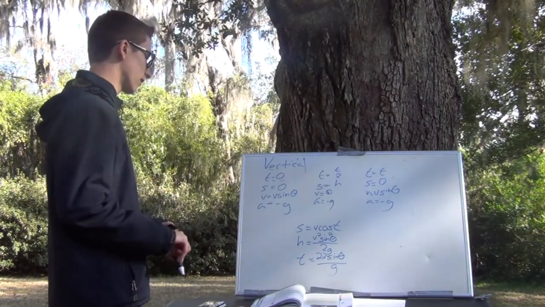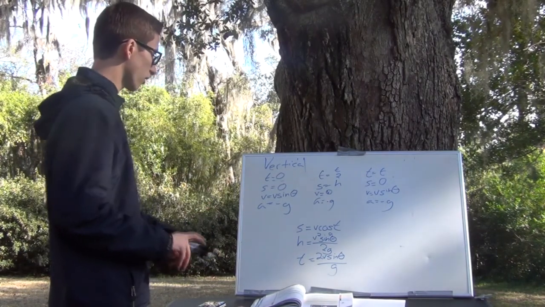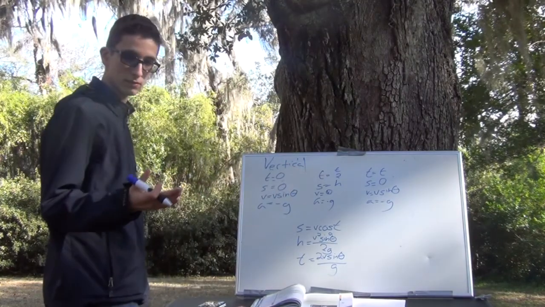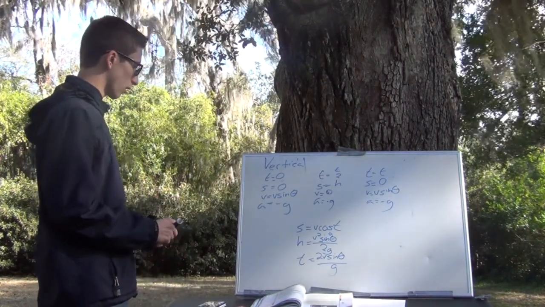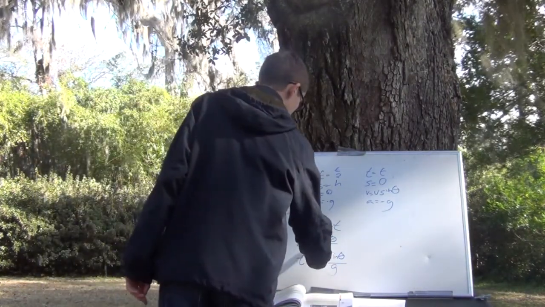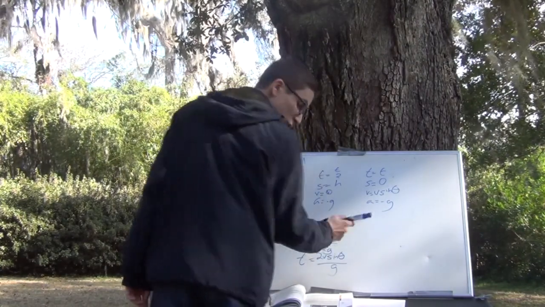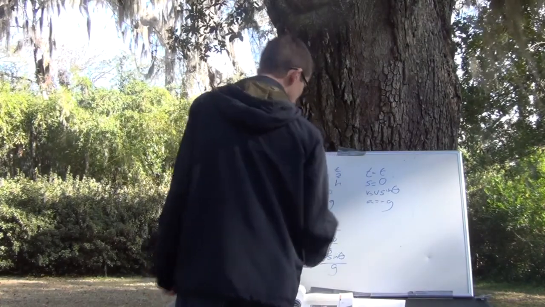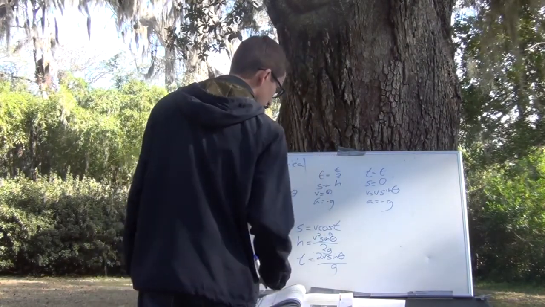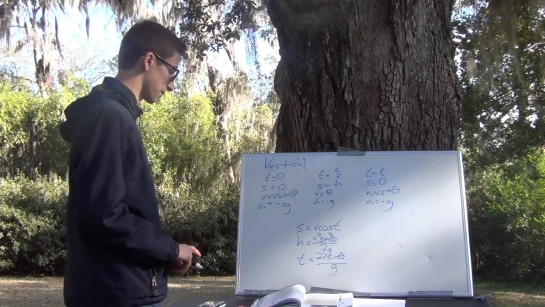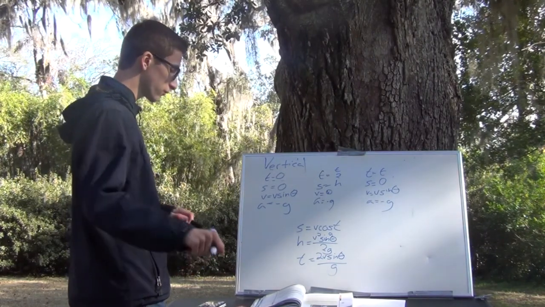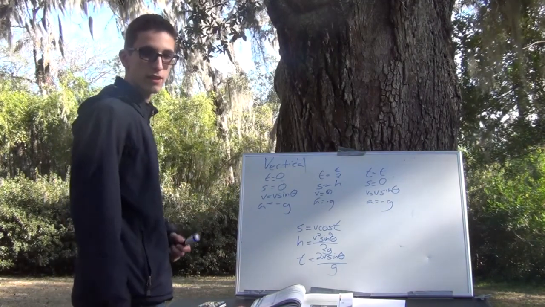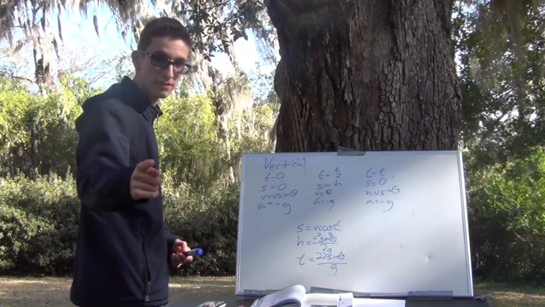And once again, it is just simply our SUVAT equations, where we have our displacement equals our final velocity squared minus our initial velocity squared over 2 times the acceleration. And the same thing, except slightly rearranged to account for time. And those are going to be your useful equations for projectile motion. But we're not done yet.